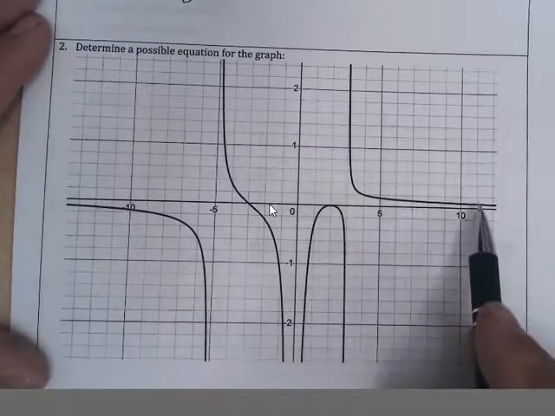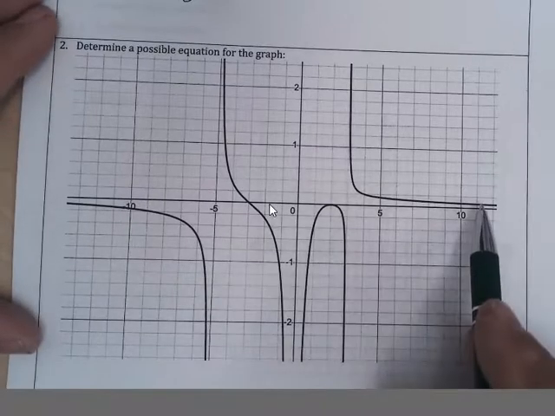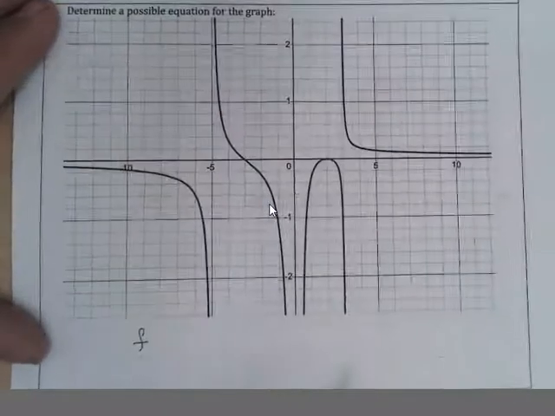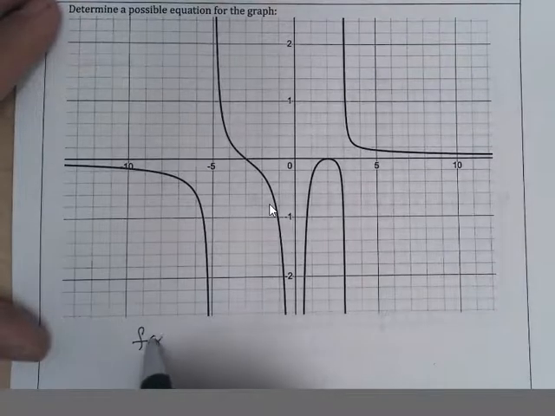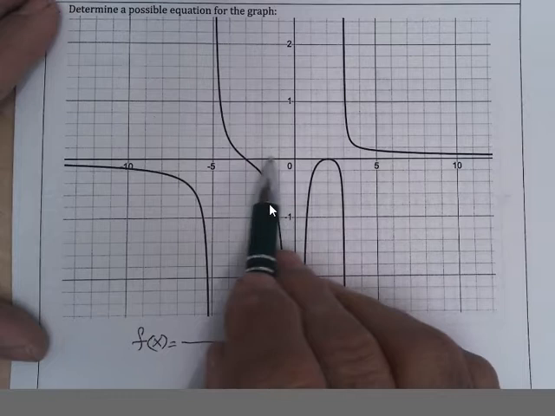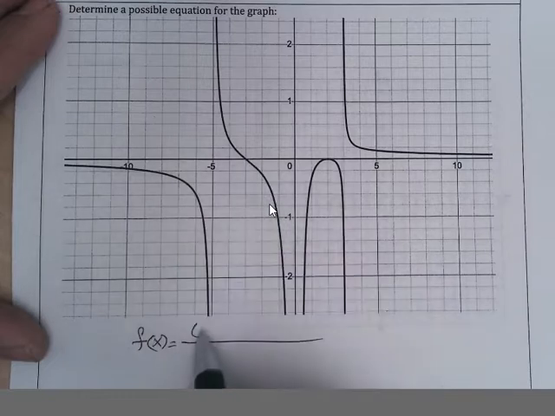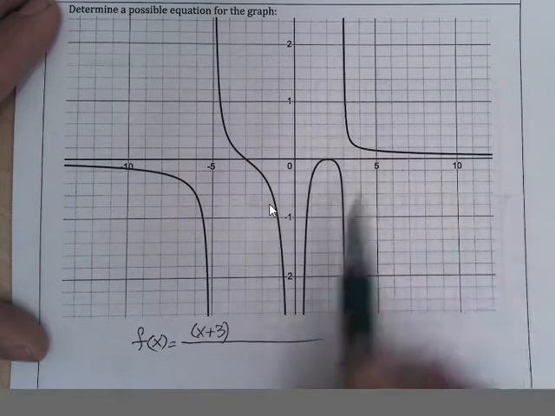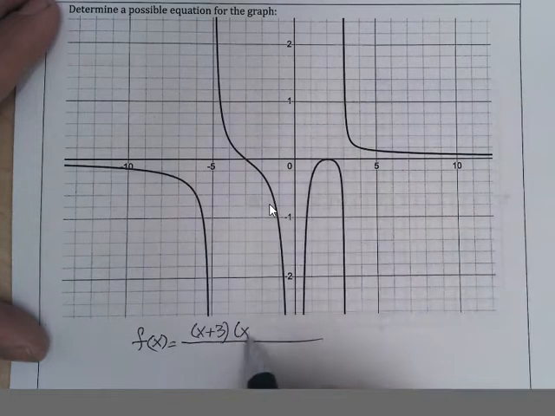The equation for this. So for the numerator, I look for zeros. So for my f of x, it goes through negative 3, so it's x plus 3. And it bounces at 2, so it's x minus 2 twice.